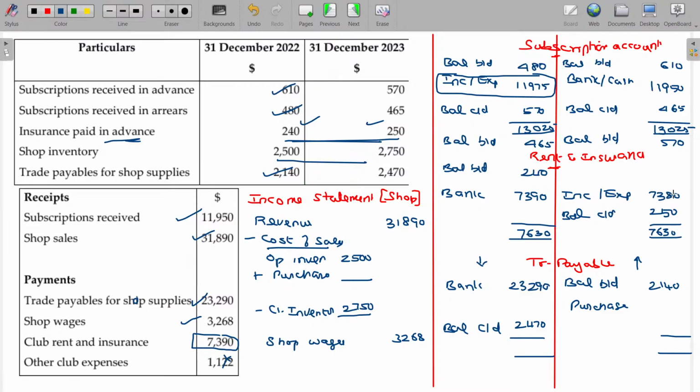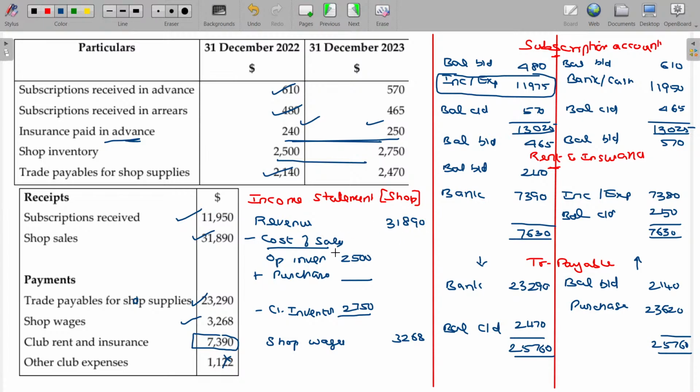And trade payables account. Here we have the values in the debit side can be totaled easily, 25,760 because we got all the values here. And the balancing figure being the purchases 23,620.